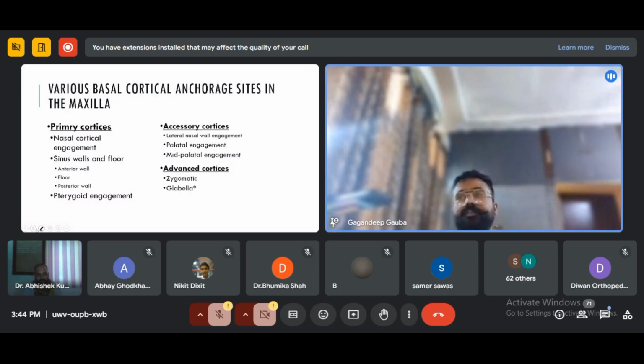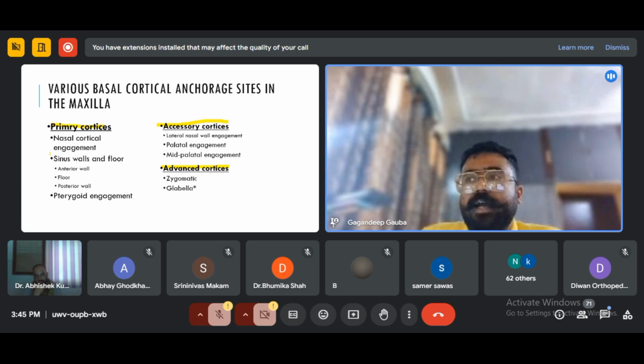So these are the various basal cortical sites that can be used for anchoring our implants in the maxilla. I have classified these into three areas. First are the primary cortices, second are the accessory cortices, and third are the advanced cortices.